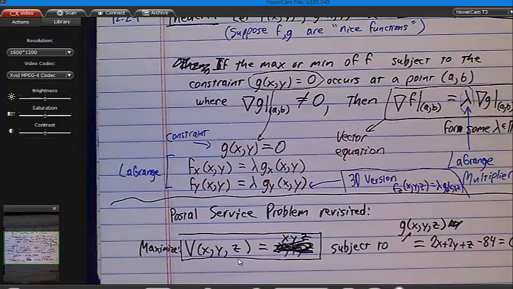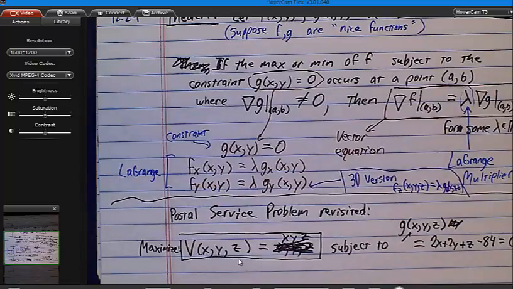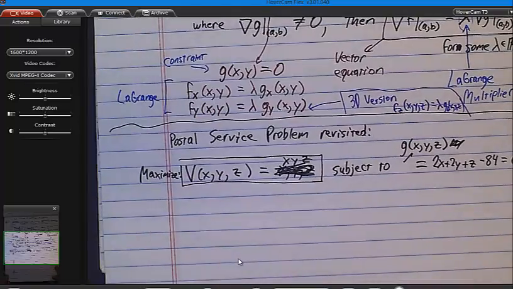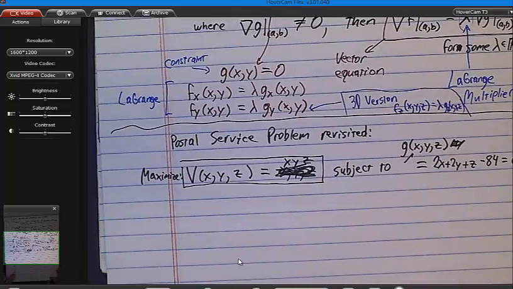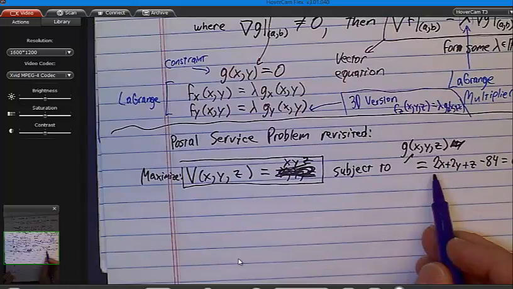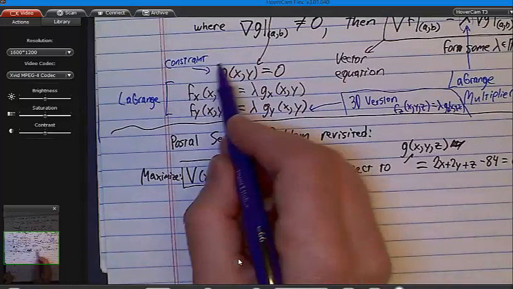Like I said, if you choose to use Lagrange multipliers, you're actually going to be up a world in the number of dimensions. We're going to be in the world of R4 here. We have x, y, z, and lambda all involved in this problem. But it's kind of cool how it all works. So the constraint, that's this.